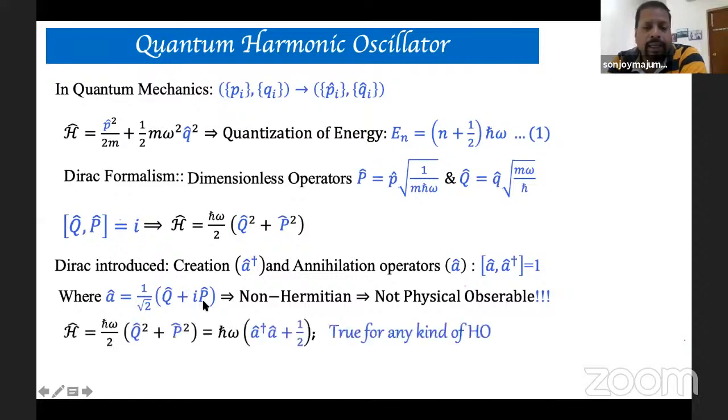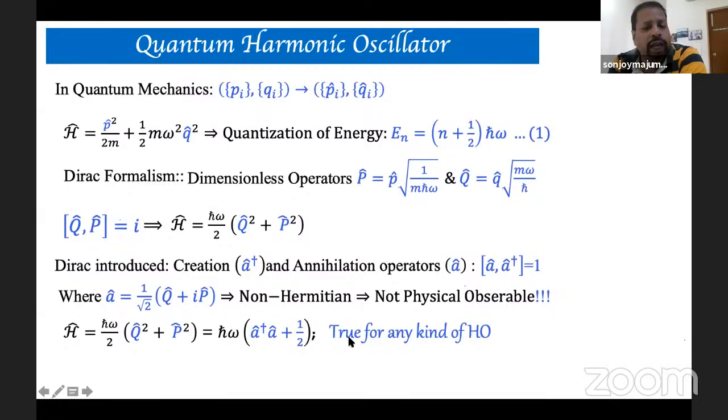Second thing is that this Hamiltonian operator, which you wrote in terms of the canonically conjugate operators Q and P, using this definition of creation and annihilation operators, you are able to write in the form of a dagger a plus half, in the unit of ħω.